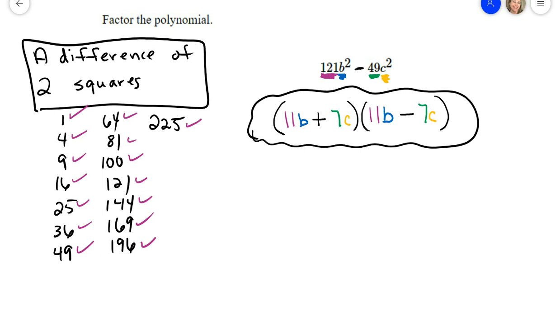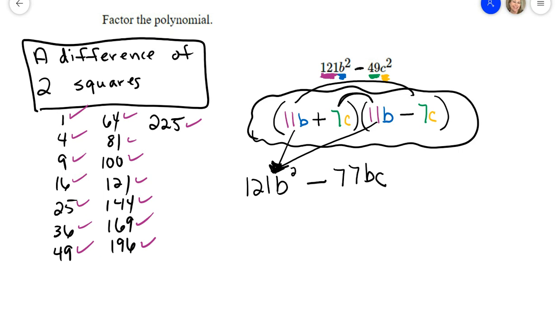but just to show you with the FOIL method, if you take first times first, 11b times 11b, that is 121 b squared. When I multiply my outsides, 11b times negative 7c, that would be a negative 77bc. When I do my insides, I'm going to get a positive 77bc. And then last times last, it's a positive times a negative, you get a negative.